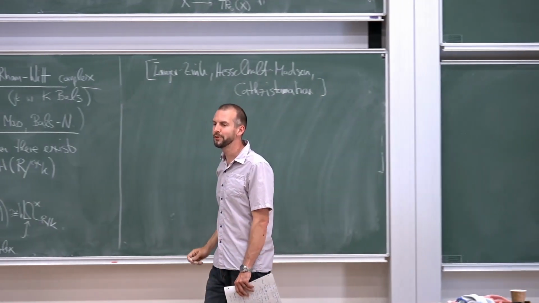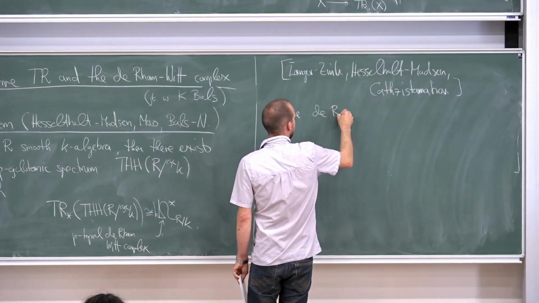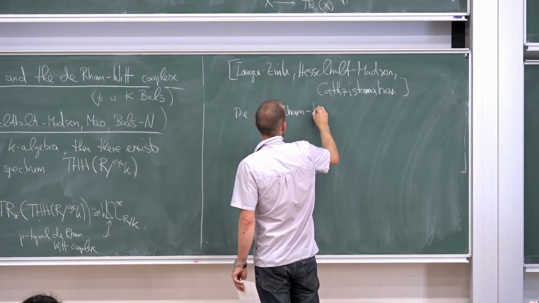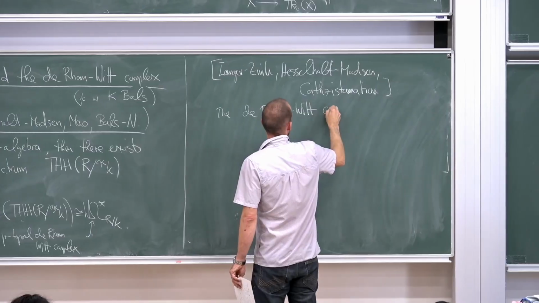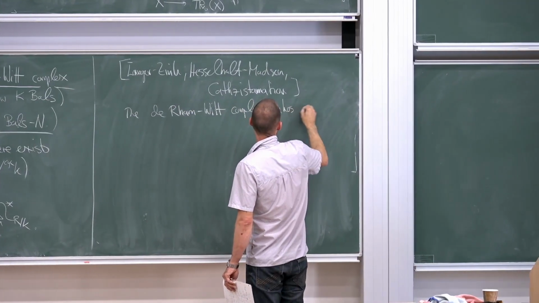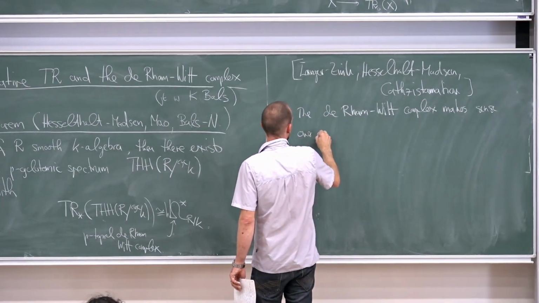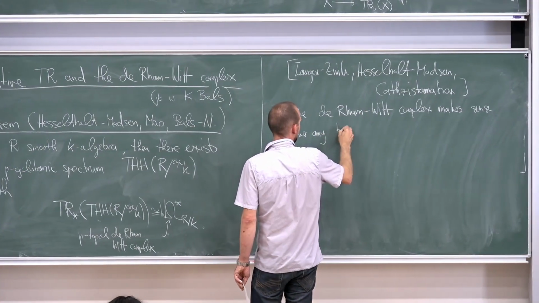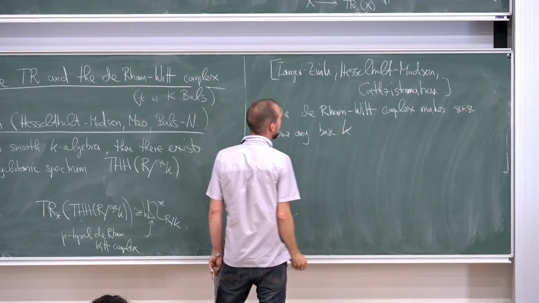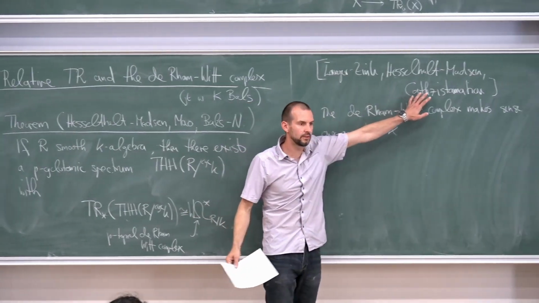So what's the outcome of these people's work? The de Rham–Witt complex makes sense over any base. I guess really Langer–Zink said something p-local, but this is also not necessary, as we learned later.